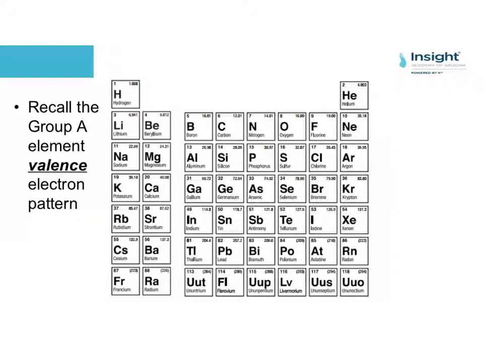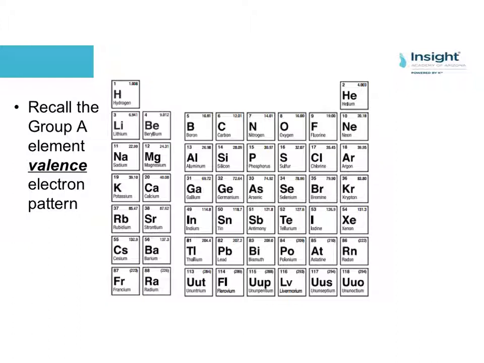because that was helpful for figuring out what's going on with ionic bonds. That ion pattern comes from the starting point, the valence electron pattern. We talked about this in Unit 3. We just haven't repeated it again, so it's probably not sticking out in your mind as much.